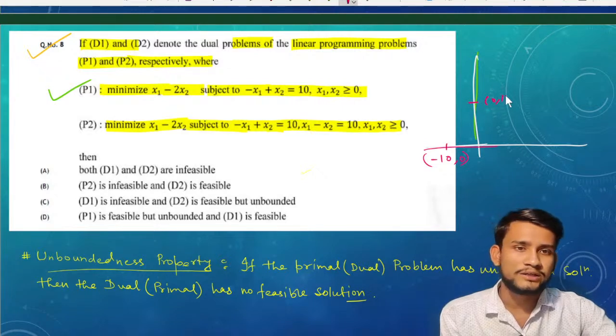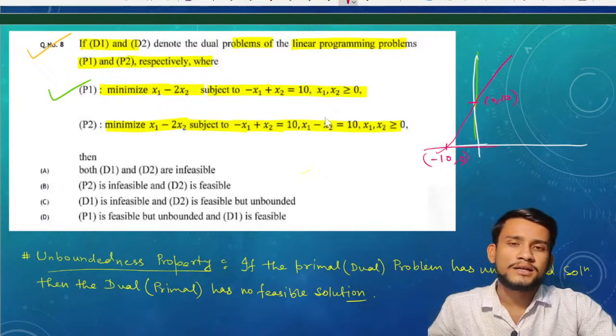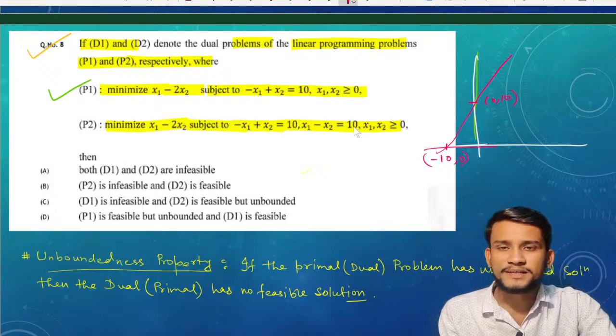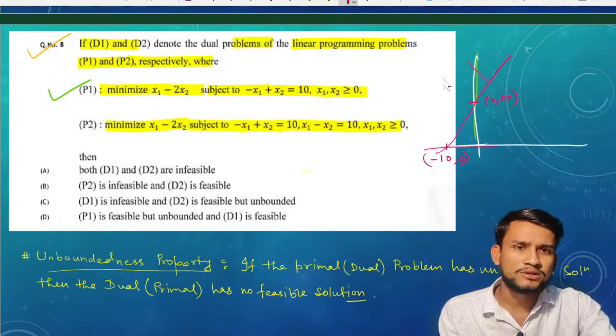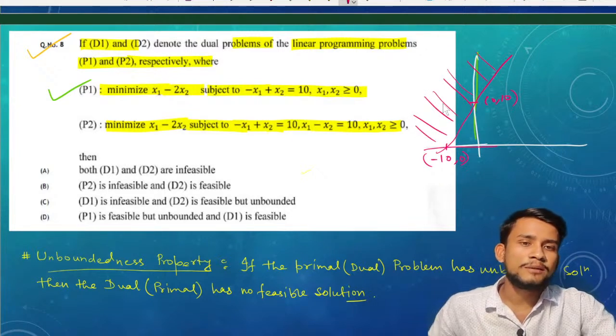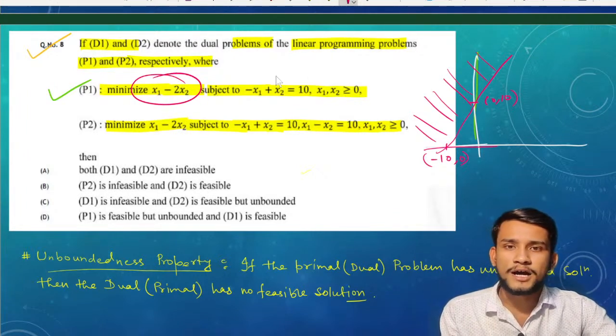Okay, so 0, 10, suppose this is the point and this is the line. Okay, and the region: if we put 0, 0, it does not satisfy, that means this side is the solution region. Okay, so that means what? That means this primal problem, that is P1, has unbounded solution.